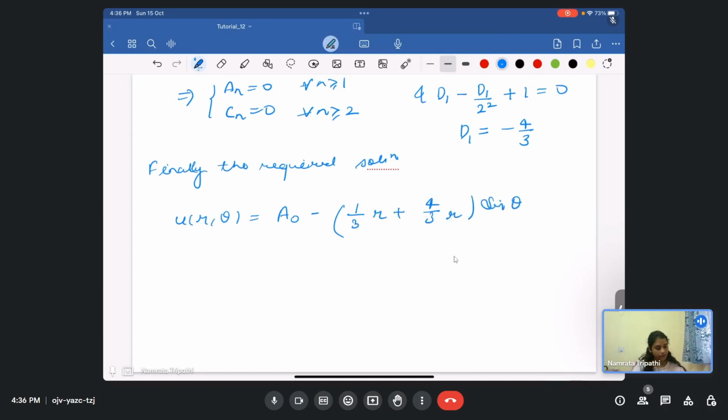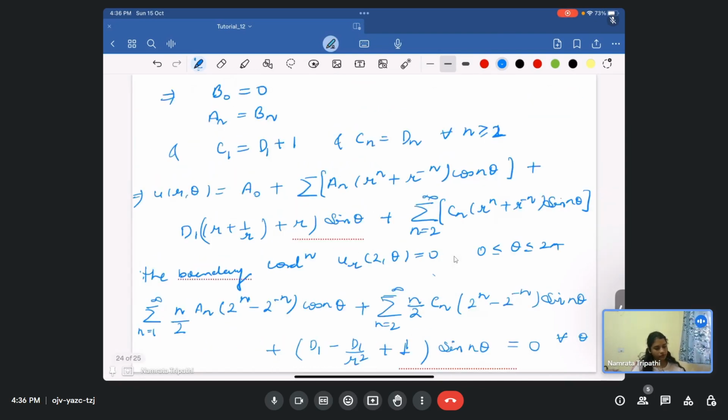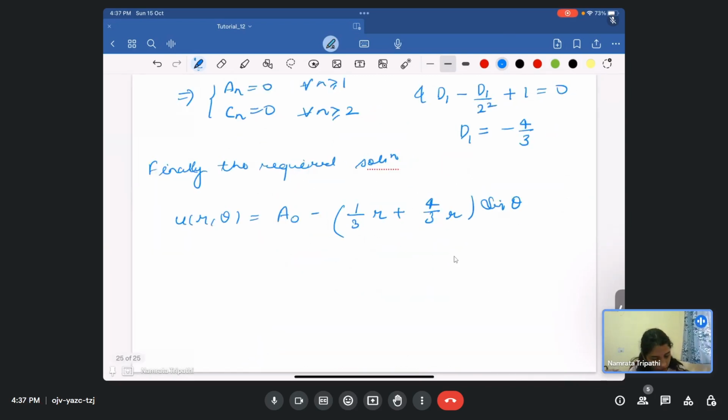You can check. I'm just substituting the value of d1 equal to minus 4 by 3 and c1 equal to d1 plus 1. So we'll get the required solution, where a naught is an arbitrary constant. Fine.